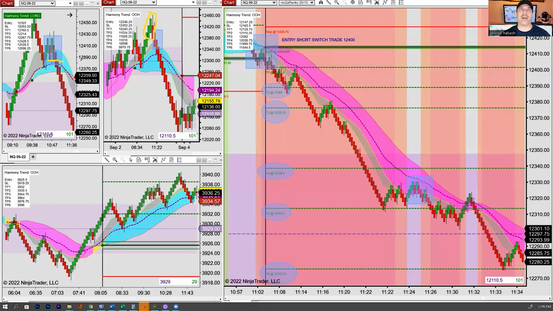That's rule number one. We move on to rule number two, which is we need to see a change in the cloud. That's what we got right here once the market shifted around 12,414. The minute the market did that, it gave us a harmony cloud negative.